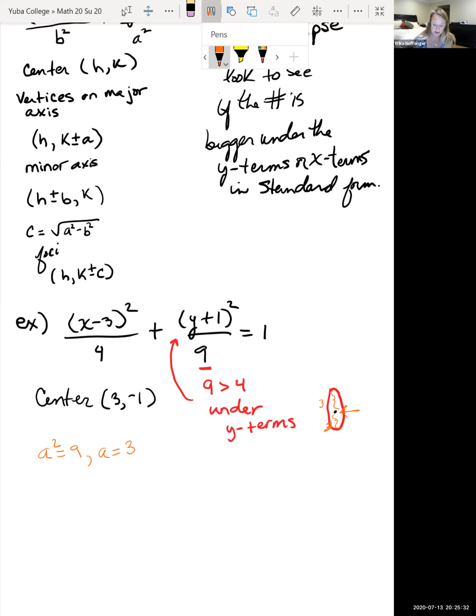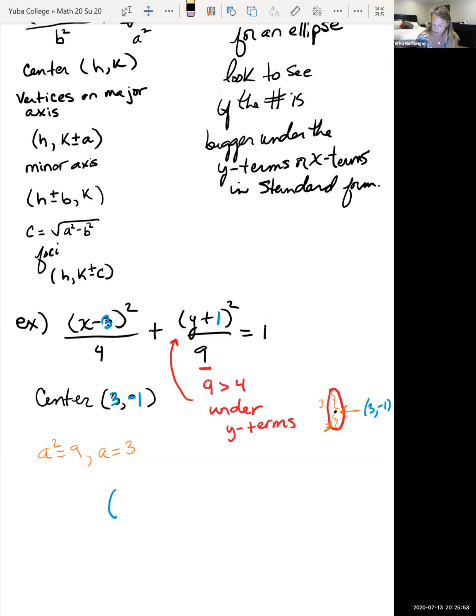That point was the center, which was at (3, negative 1). So I'm affecting my y coordinate from the center.